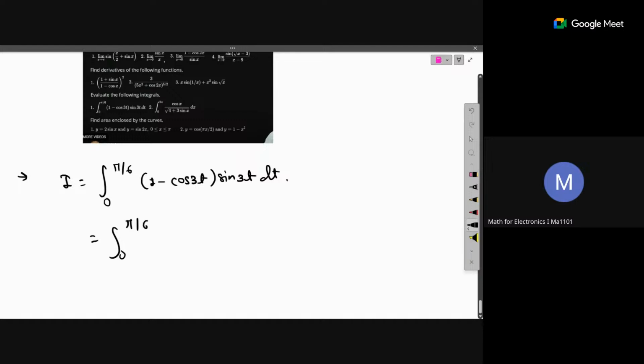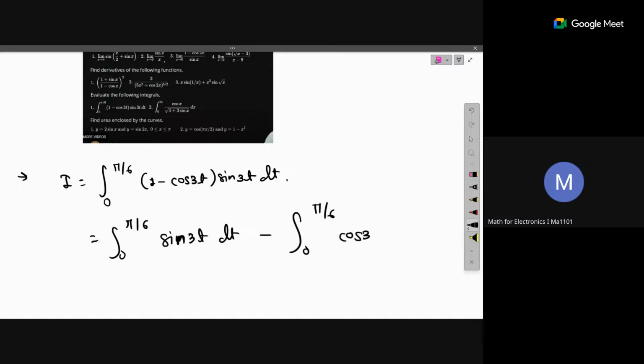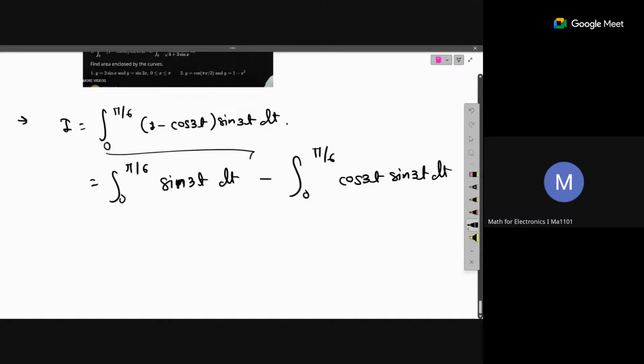It's not that difficult. We just distribute sine 3t here. So take the integral of sine 3t dt, and then minus the integration 0 to pi by 6 of cos 3t sine 3t dt. Now this second integration we know how to solve.